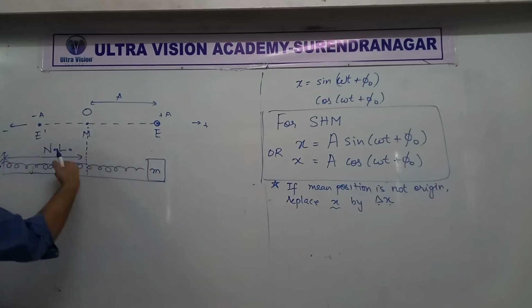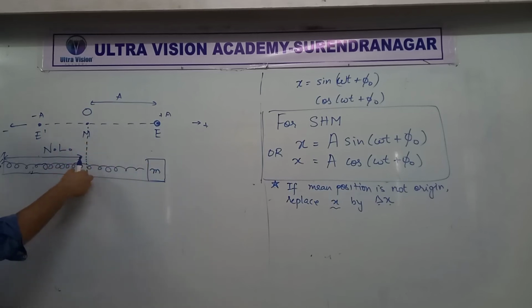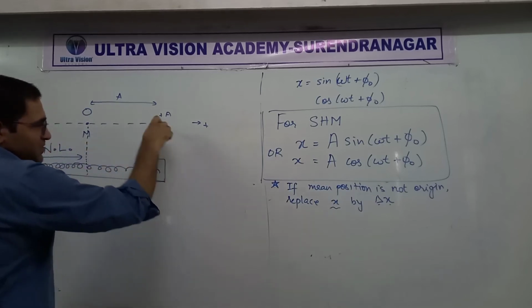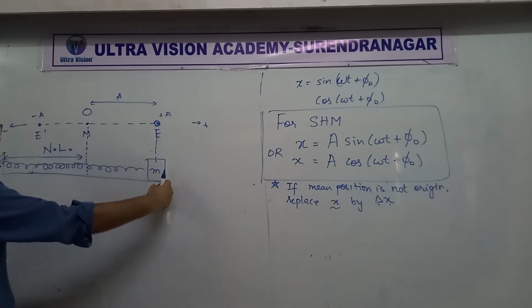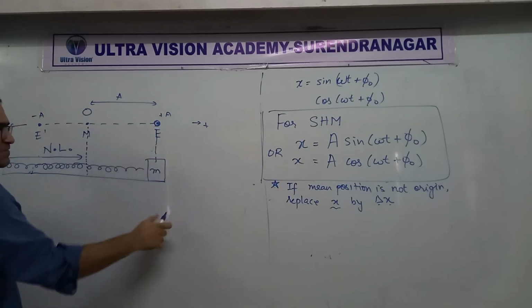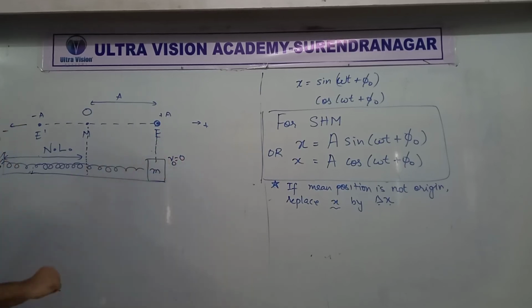Observe this carefully. Earlier the block was just here, but we pull it. Now it has come to this extreme position, and now we are going to release it, so its initial speed will be 0. Understood?